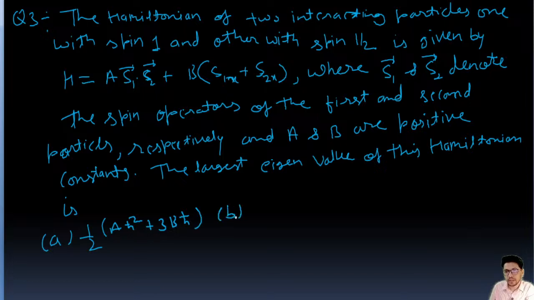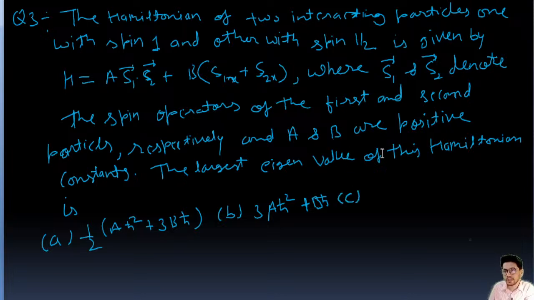Option B is 3 A h cut square plus 3 B h cut.